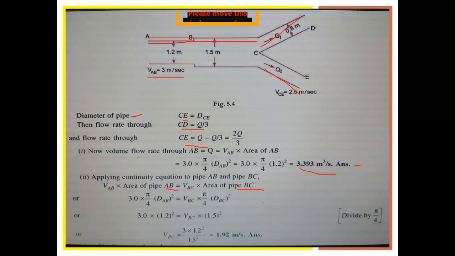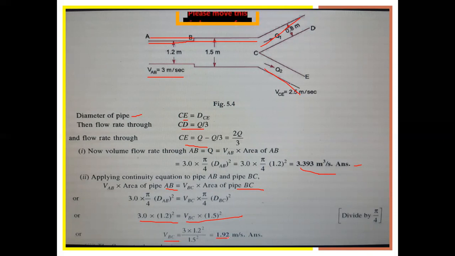Substituting those values, 3 into 1.2 square equals VBC into 1.5 square. We get VBC equal to 1.2 meters per second.